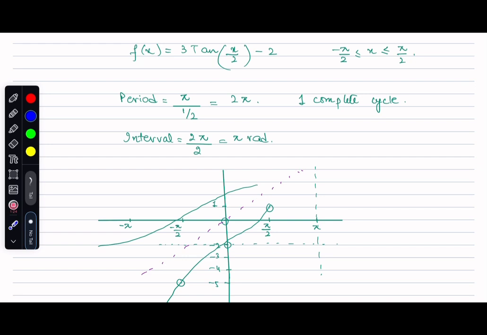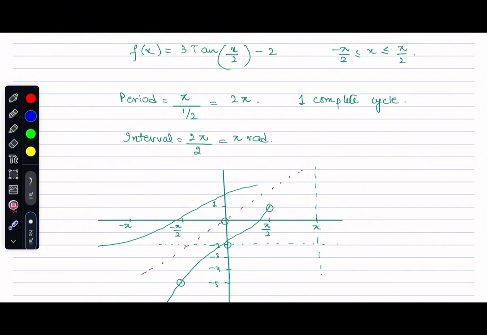Then in place of x, I'm going to substitute pi by 2, because for the tangent function, the angle values of 45 degrees, which is half of 90 degrees, or pi by 4, which is half of pi by 2, are of great importance because these give us a whole number value, which is 1.